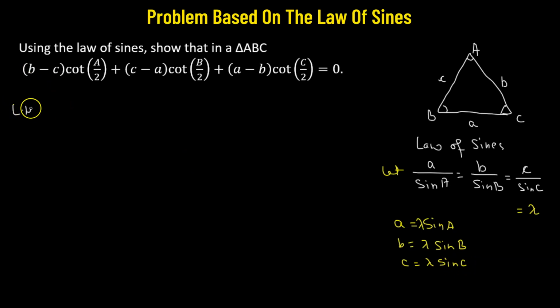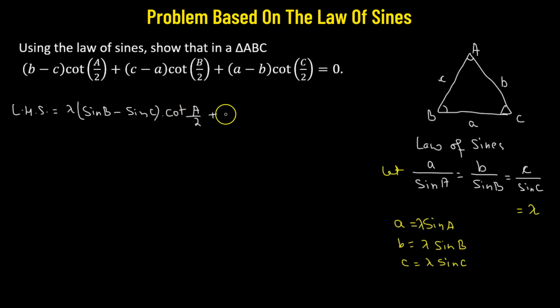So we have here b minus c times cotangent of A over 2. So b we will replace with lambda times sine B. Let's take lambda as the common factor. So we have sine B minus sine C multiplied by cotangent of A over 2.